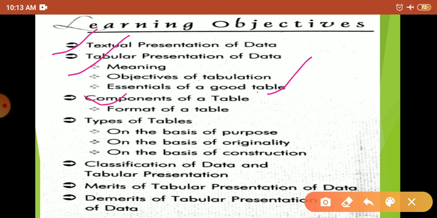Now components of the table, so the same things are the components of a table also. Now types of the table. On the purpose there are two types: general purpose table and specific. General is related to any survey that is going to collect all information about that objective, minor or major, like Census of India.